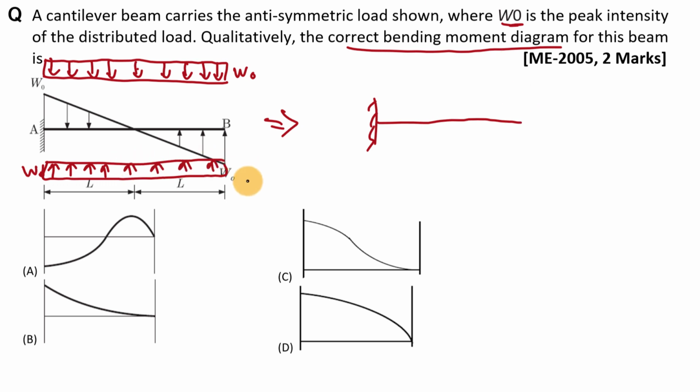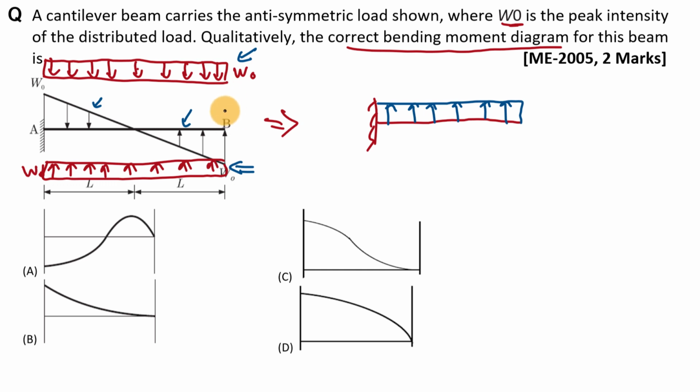First of all, let us draw this uniform distributed load over this beam. It will be like this, and it is in the upward direction. Now we have to take the summation of this uniform distributed load and these two distributed loads, right?